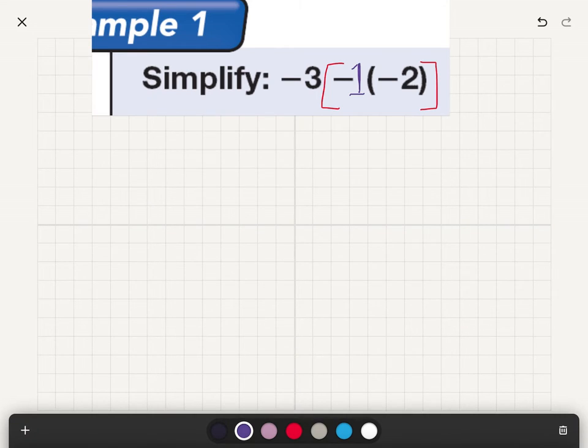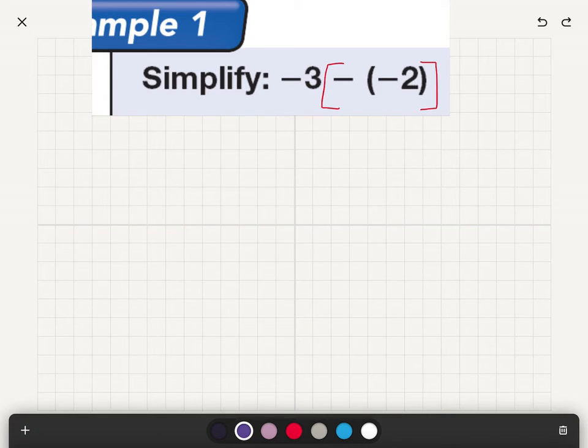Just the -1 is sort of imaginary. Does that make sense? I thought he was trying to say -3 minus -2. It is, but your first step in simplification is figuring out a way to simplify that part.